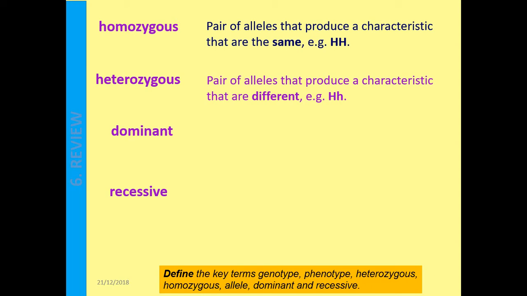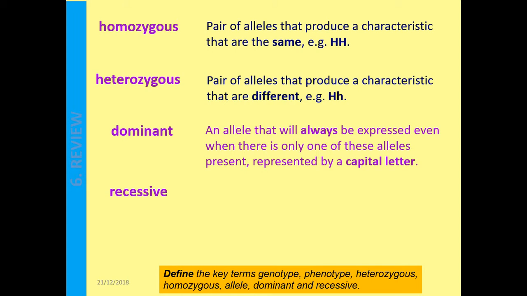Now, this one often comes up as a question and it's really hard to explain, so be careful with this one. A dominant allele is one that will always be expressed even if there is only one of these alleles present. Okay, so that means that if you have big R, big R, or big R, little r, you will get that feature. But to describe an actual dominant allele, it is one that will always be expressed even when there's only one present.